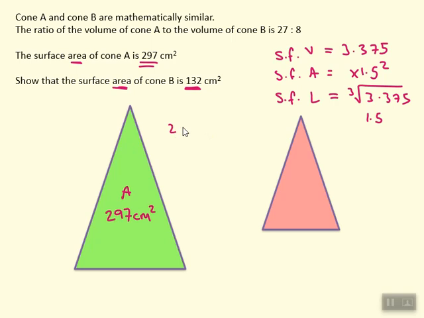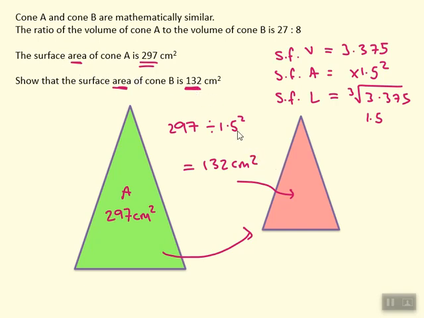But if we take 297 and divide it, because we're going from the big to the small, by 1.5 squared, lo and behold, it is 132 centimeters squared, which is what the surface area of the smaller one would be. So we've just shown that the surface area of the smaller one is 132.